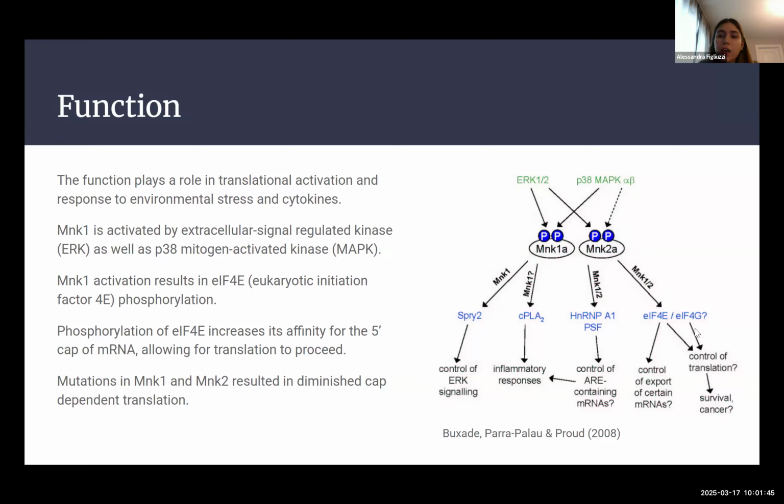And once EIF4E is phosphorylated, its affinity for the 5' mRNA cap greatly increases, leading to cap-dependent translation to proceed. And this is evident through mutations in MNK1 and 2 that resulted in diminished cap-dependent translation. The other functions are not known as well.